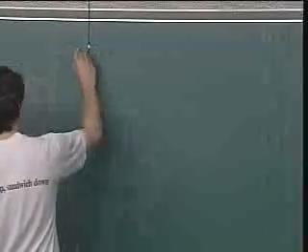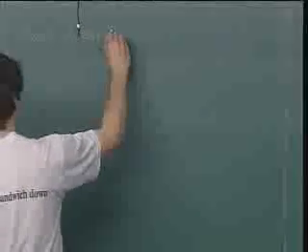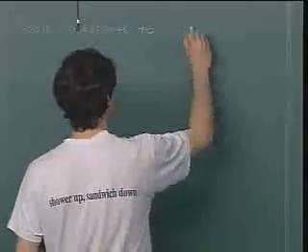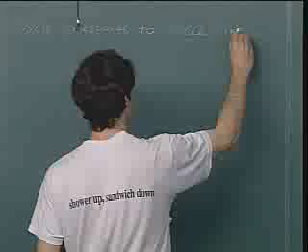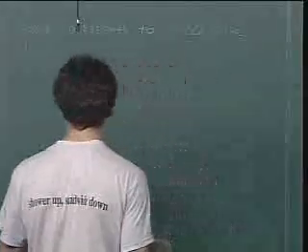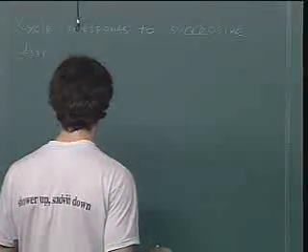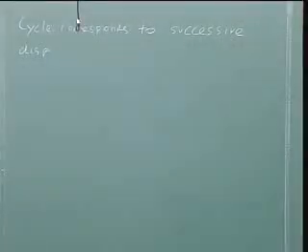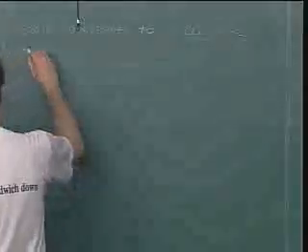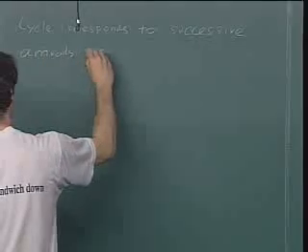So let's say a cycle corresponds to successive departure of or arrivals of the train. Successive arrivals of train.